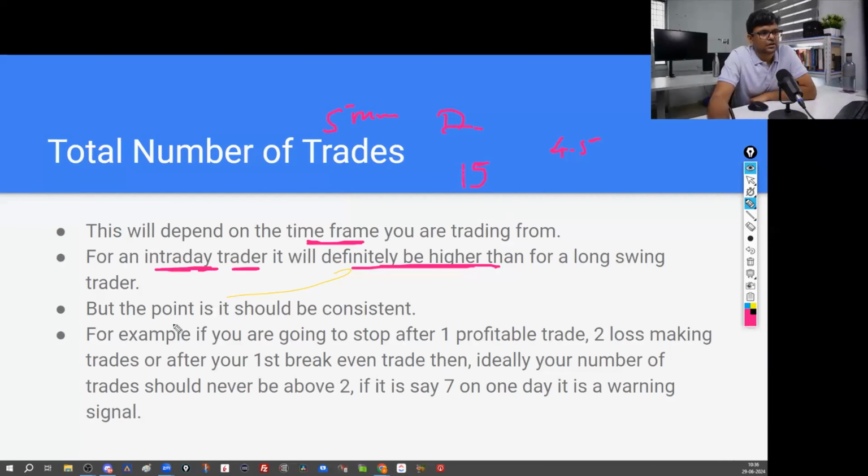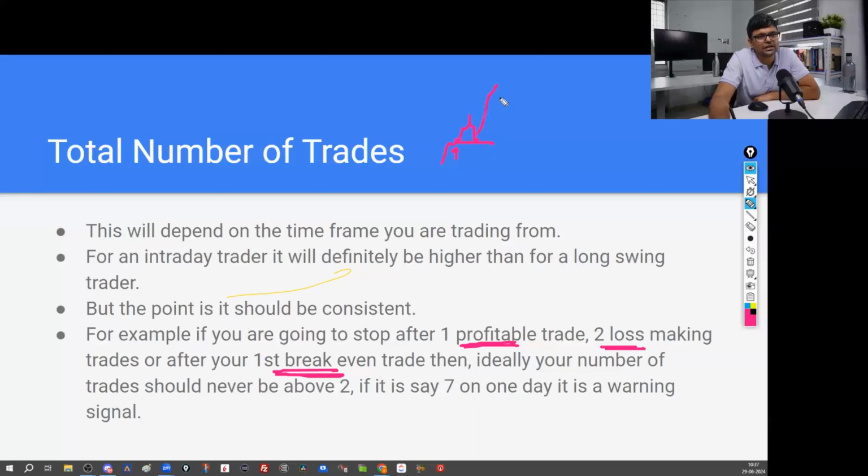All right. The point is it should be consistent. So if I'm an intraday trader and I have certain rules for taking trades intraday, I should not break that rule. So I'll give you an example. I'm going to stop trading for the day if I make one profitable trade, two loss-making trades, or as soon as I hit my first break-even trade. So I come to trading, I take a trade, it turns out break-even. All right. So it goes higher, I buy here, comes down.